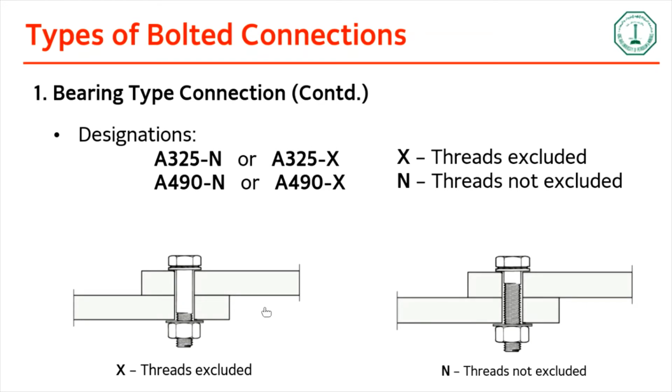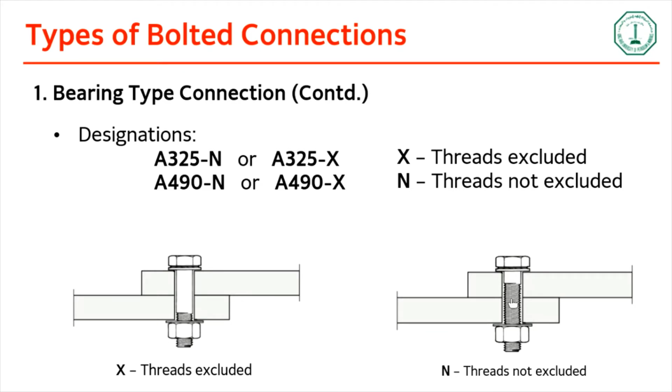For example, you see in this, where is the shear plane? The shear plane is over here, right here, right here. And the threads are excluded. The threads don't appear in the shear plane. So the shear plane does not cross the threads.